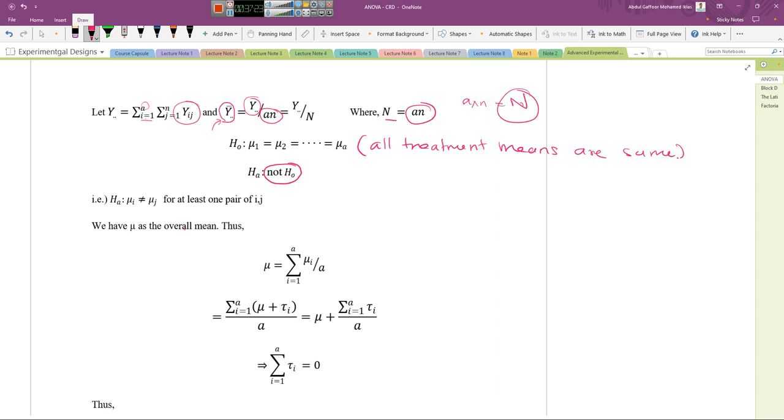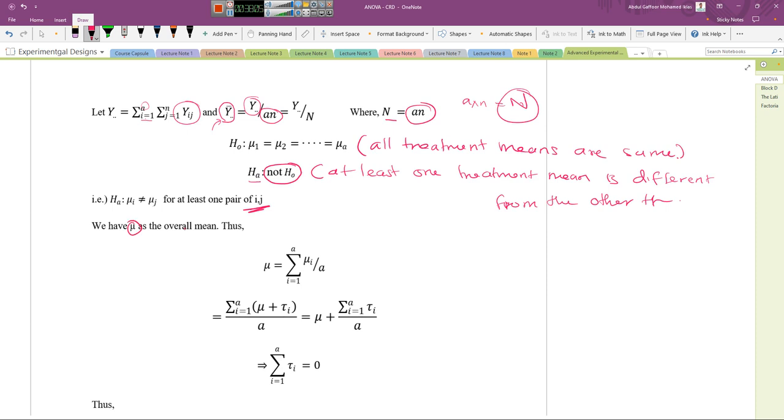So the opposite of the null hypothesis will be our alternative hypothesis, which means at least one treatment mean is different from the other treatments, right? So this is how we are going to write down the null and alternative hypothesis in words. That is, okay, mu i is not equal to mu j for at least one pair of i comma j, right? So in notation we can write this way also.